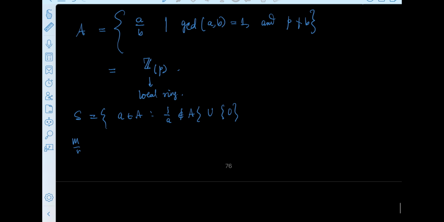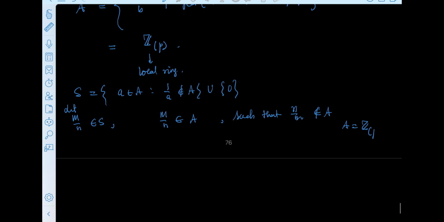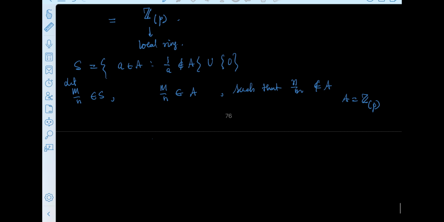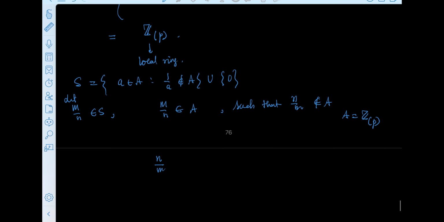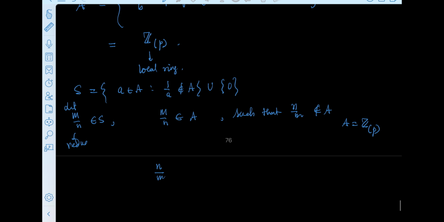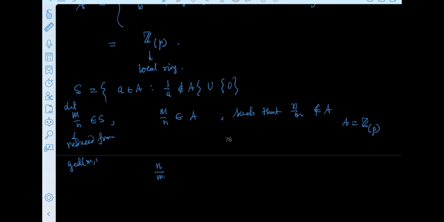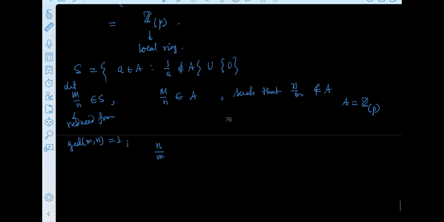Let's say a rational number M by N is inside S. So this is M by N belongs to A such that N by M is not inside A, but A is Z localized at P. Of course, in the reduced form, because we can write every rational number in reduced form. Reduced form means GCD of M comma N is 1. Okay. So N by M is not inside Z localized at P.